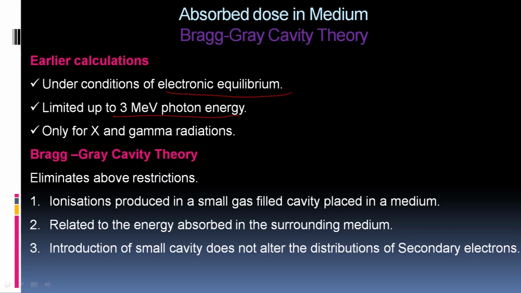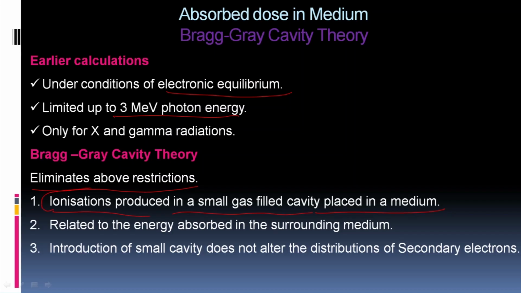Bragg-Gray cavity theory is a very vast topic, but here I have a limitation of time, so I am just going to elaborate some basic fundamentals of it. This theory eliminates the above restrictions. Here the ionization is produced in a small gas-filled cavity placed in a medium.